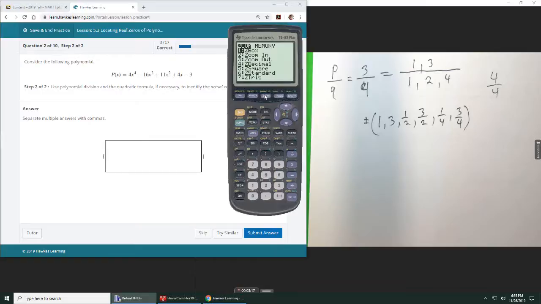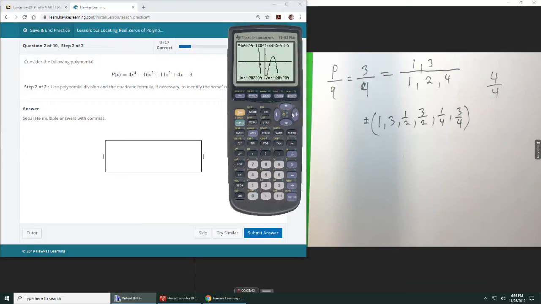Okay, so hard to tell. I'm going to zoom in. It looks like, let's just trace this. There's my cursor. It looks like that might be a negative 1/2.